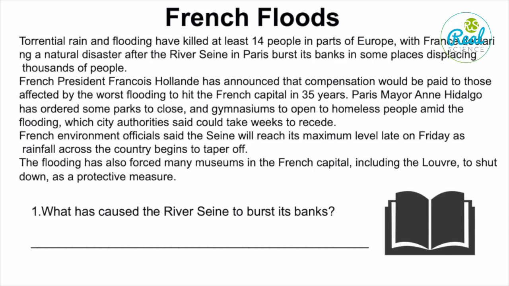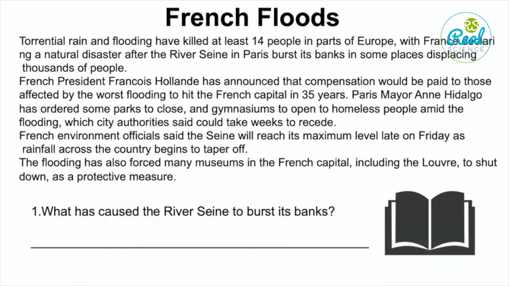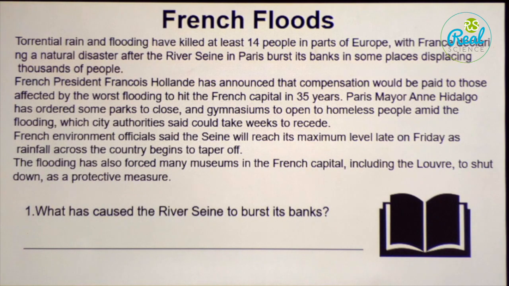Displacing thousands of people, because of torrential rain. What does displacing mean? Natural disaster. Yes, right. Displacing thousands of people means that the cause has removed this many people. Recently something happened in Uzbekistan. How many people were injured in the flood that happened? Do you remember?